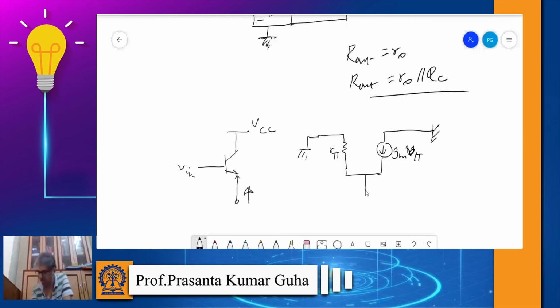I'm not considering RC for the time being. Here I have used Ix and Vx to see what the resistance is from the emitter port. This is our V pi.